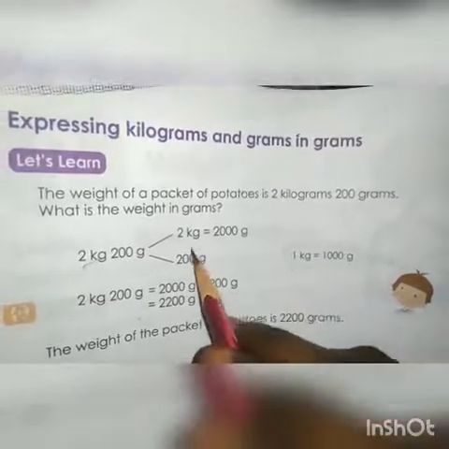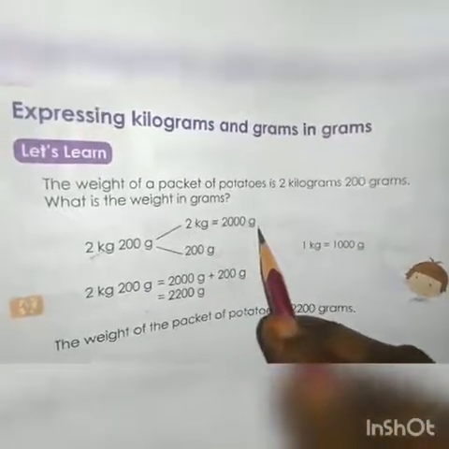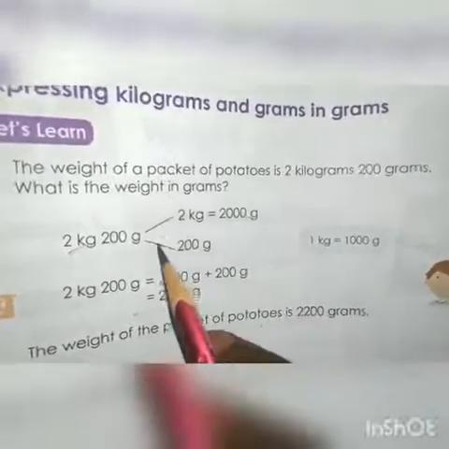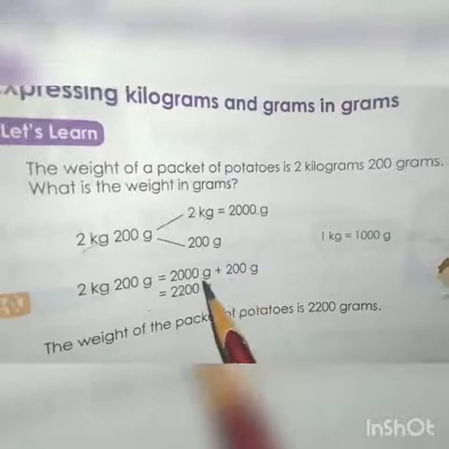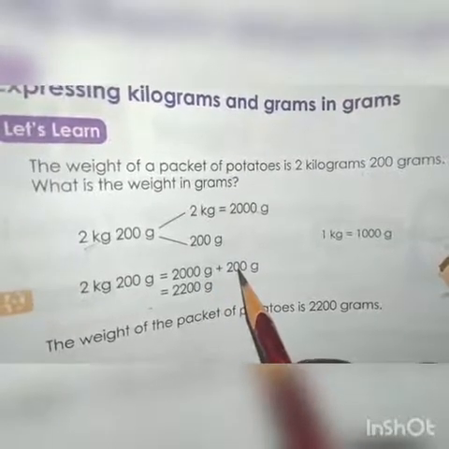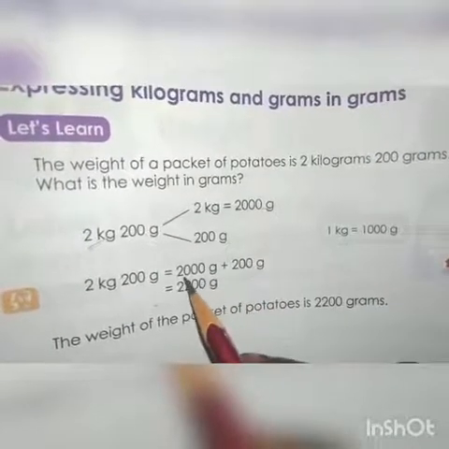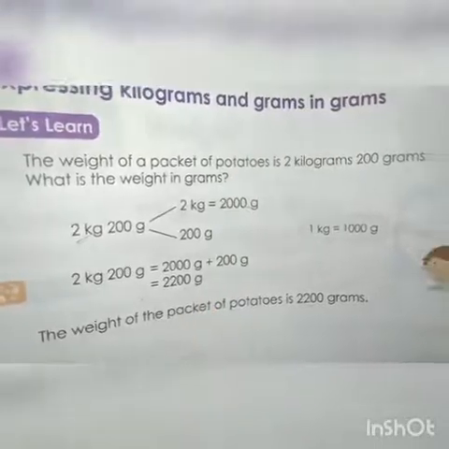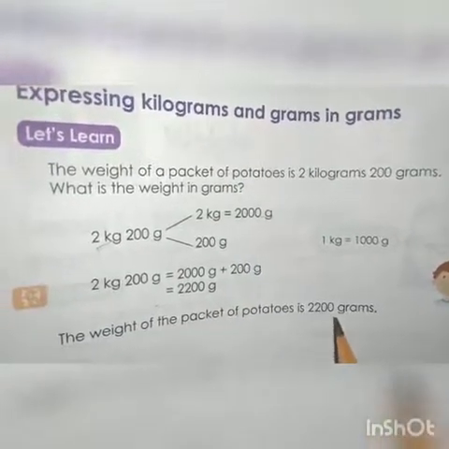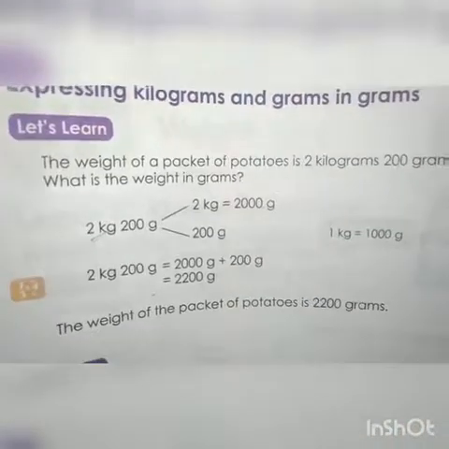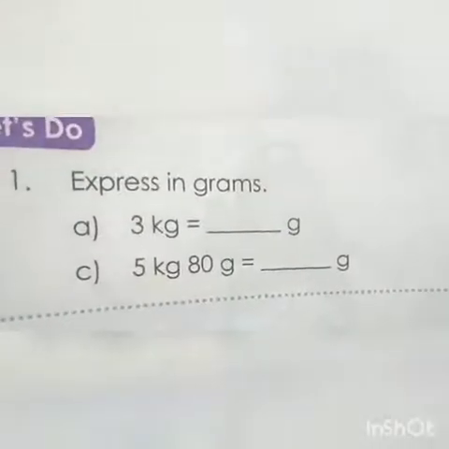So 2 kg is equal to 2000 gram. So 2000 gram plus 200 gram is equal to 2200 gram. Therefore, the weight of the packet of potatoes is 2200 grams.